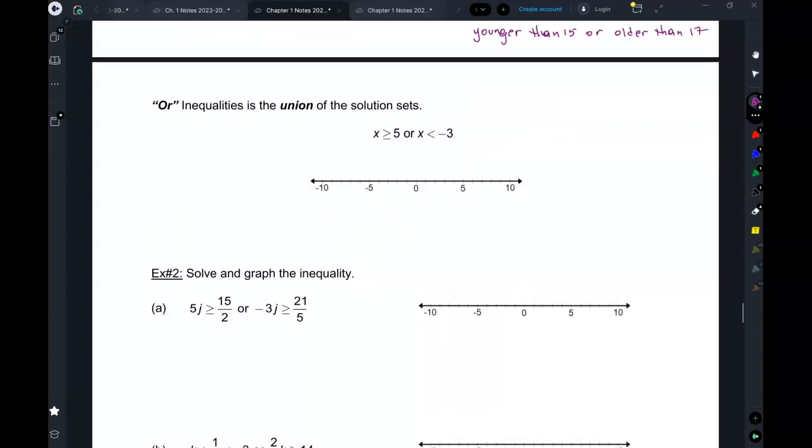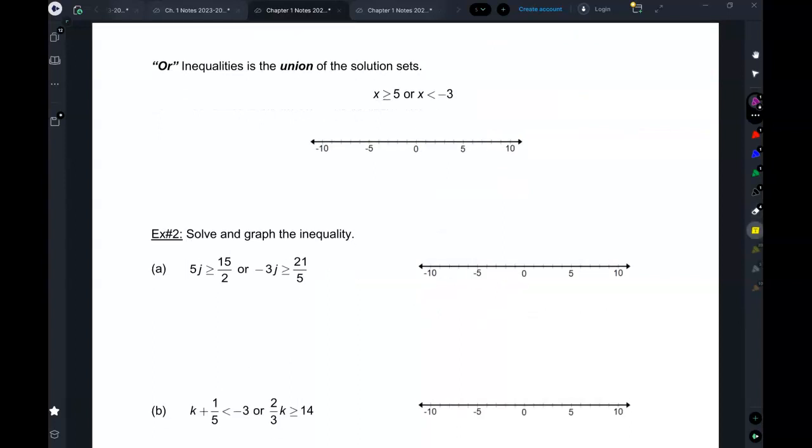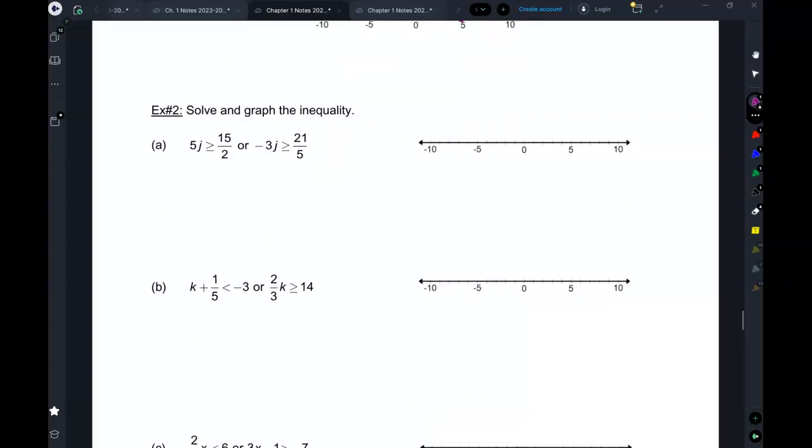Okay, so here is an or inequality. Okay, so take a look at this one. You've got x is greater than or equal to 5 or less than -3. They go in opposite directions, but you know what? You only need to satisfy one of them in order for the number to work, right? So 6 works. It doesn't have to satisfy both of them because it can't. Okay, so let's take a look at some of these.